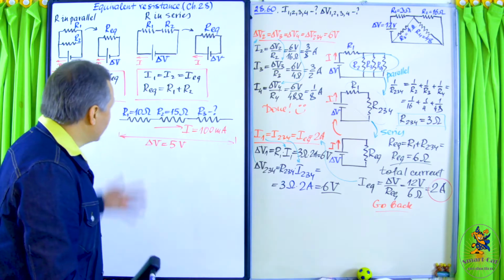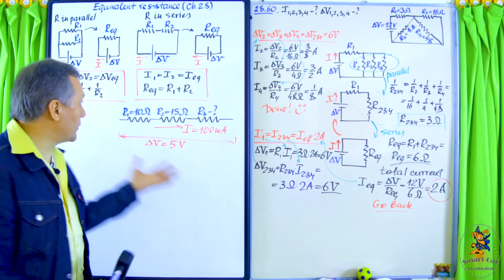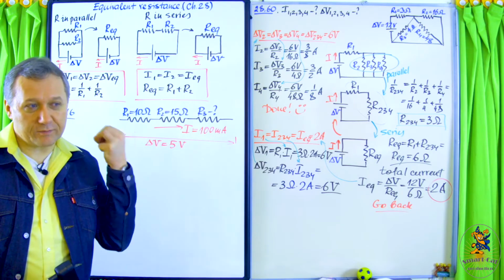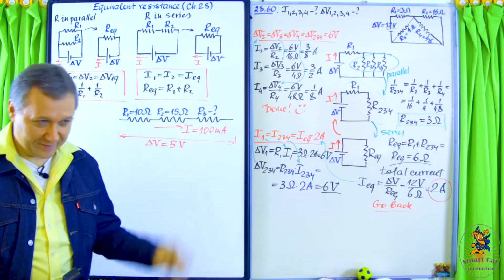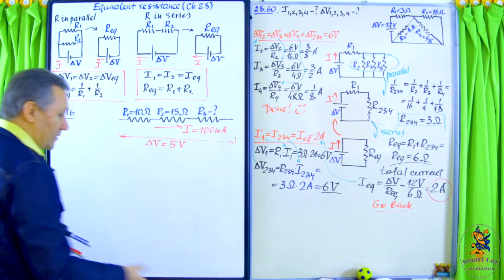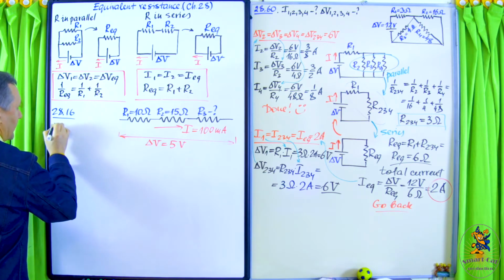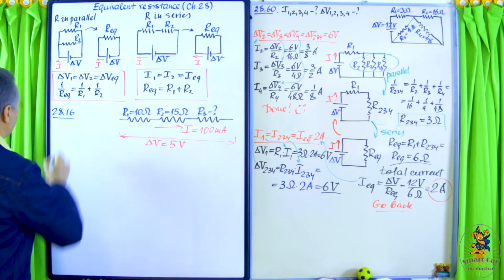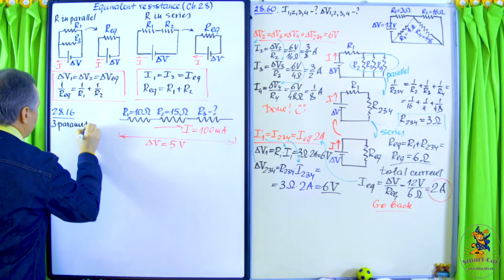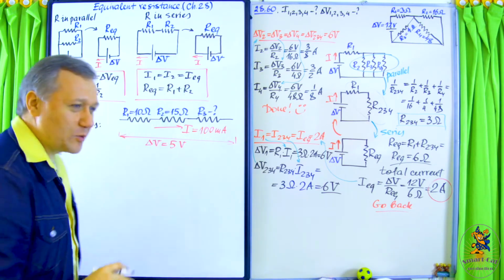Since this circuit is full of resistors, if you want to know everything about resistors, you need to discuss 3 parameters again: R, I, delta V. So let's write down everything that we can about these 3 parameters, in order to see all possible methods that can be used to solve this problem.